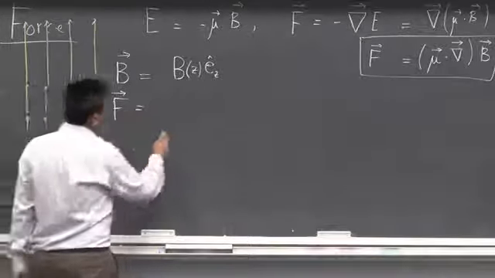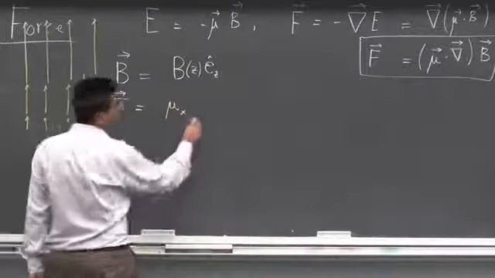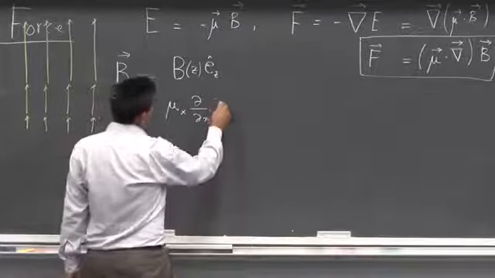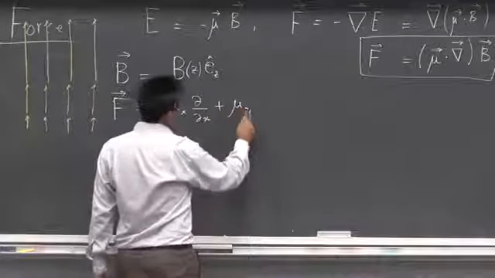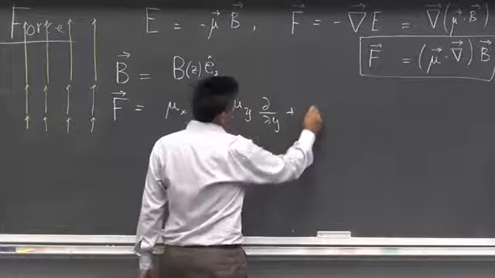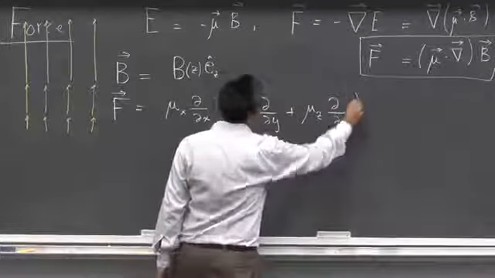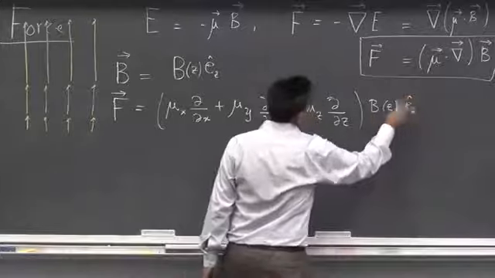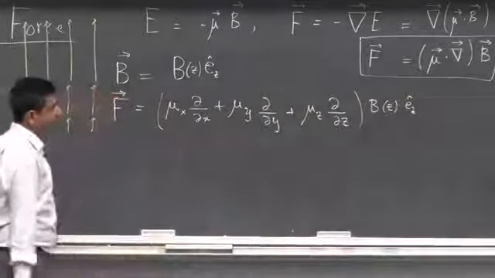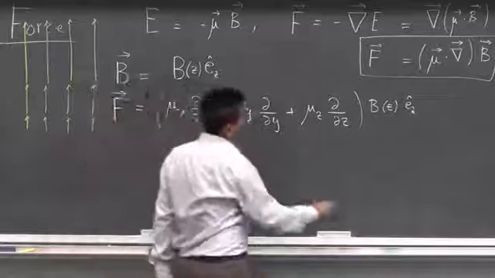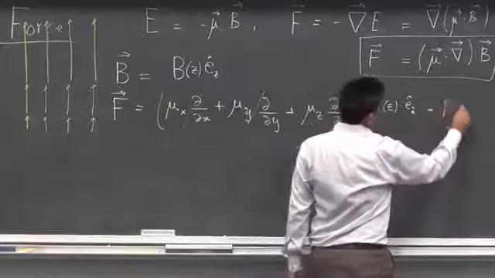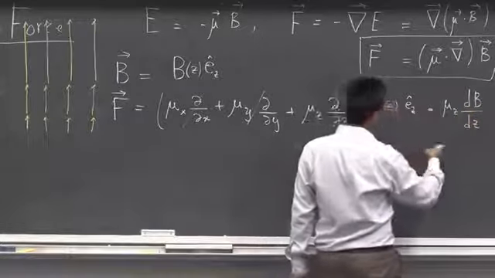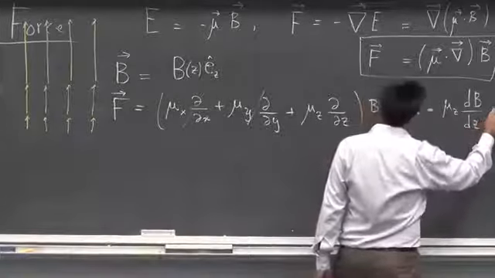The force is mu_x... Now the field only depends upon the z variable. So this goes away, and you're left with mu_z dB over dz. Since you have variation only in z, I've replaced the partials with proper differentials, and this is easy.